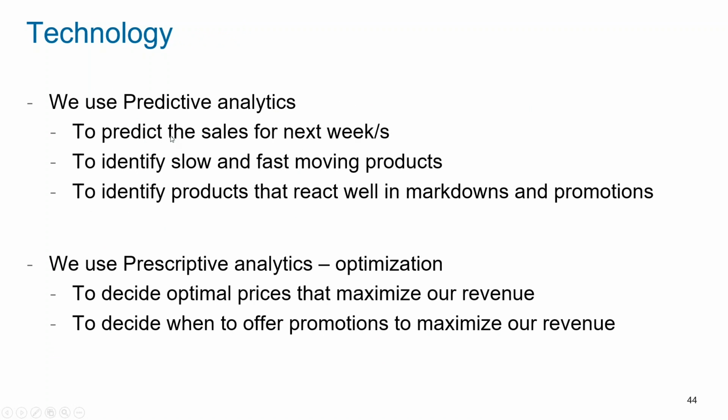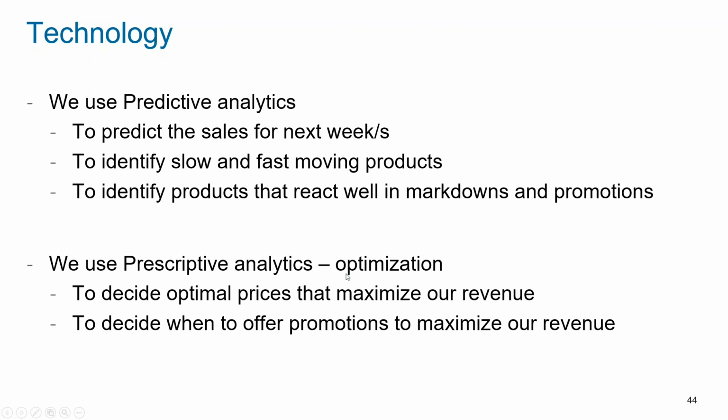Using predictive, you want to predict the sales for next week or weeks. You want to identify the slow and fast moving items, and also identify those products that are going to react well to markdowns and promotions. So these are 3 action points that you have, and you can do them easily now with SPSS Statistics or SPSS Modeler.